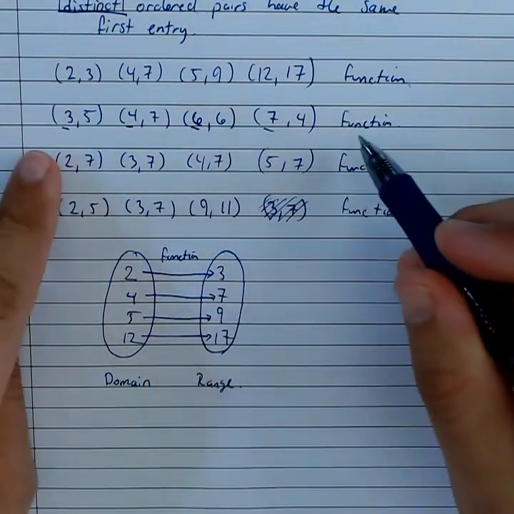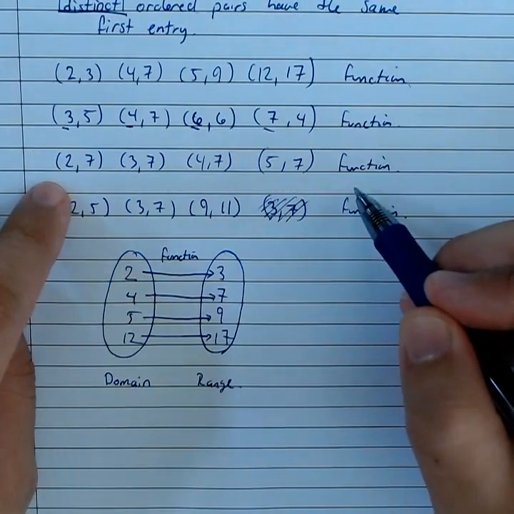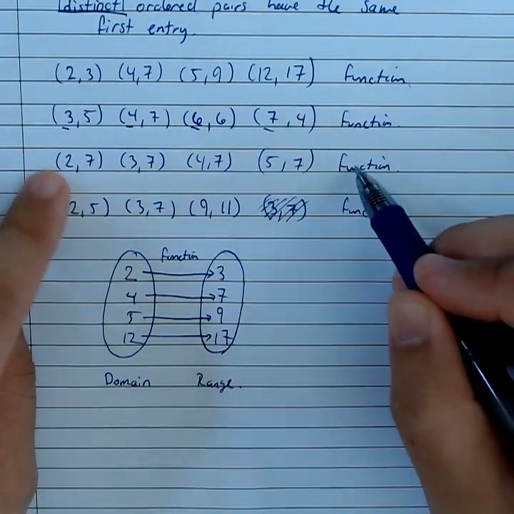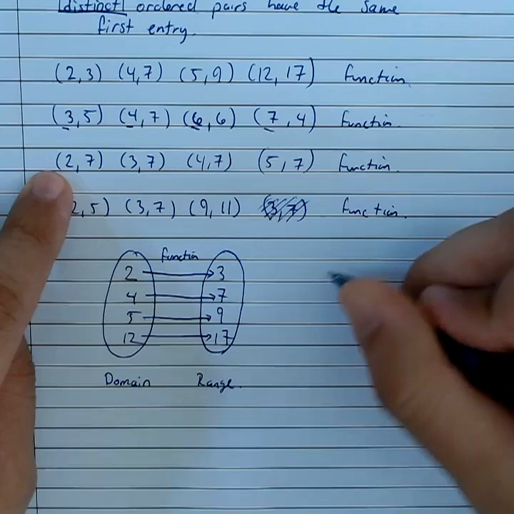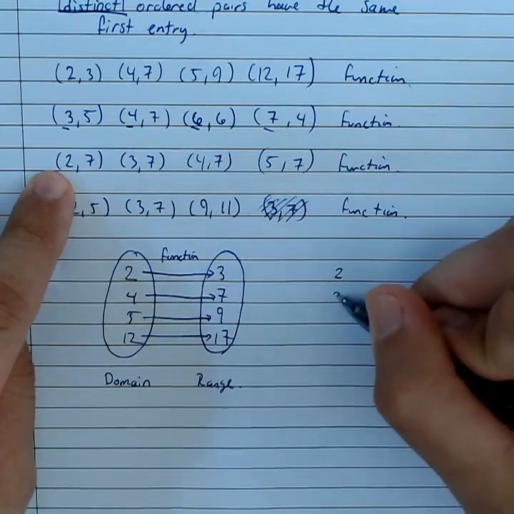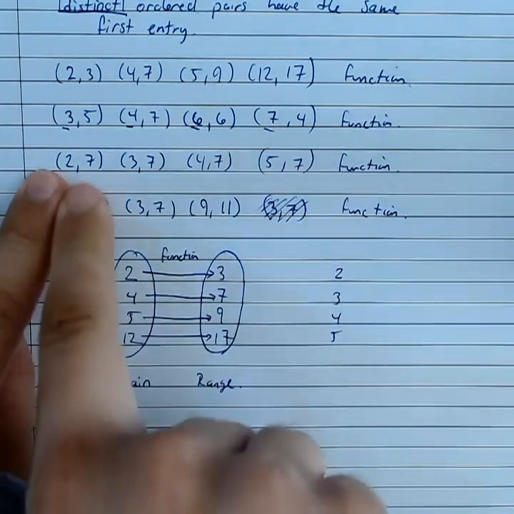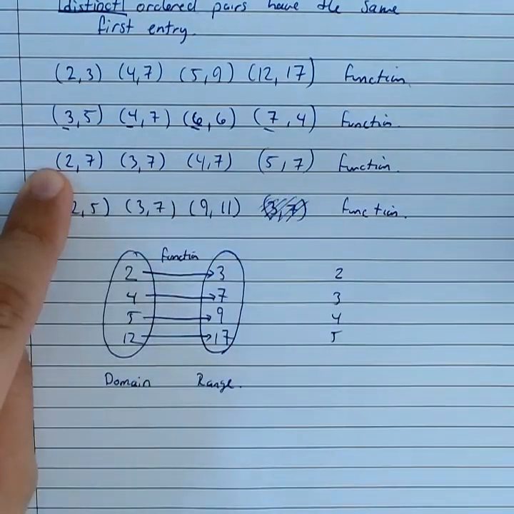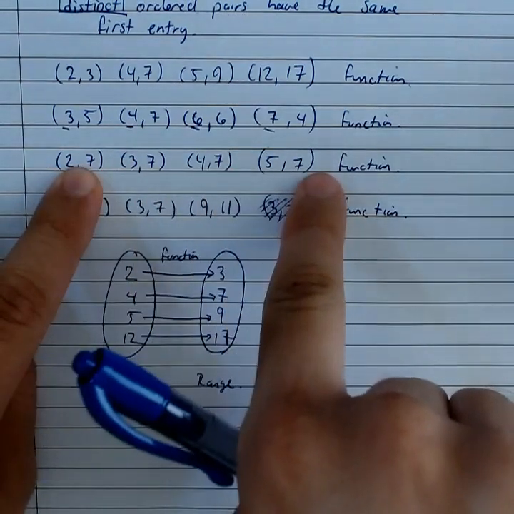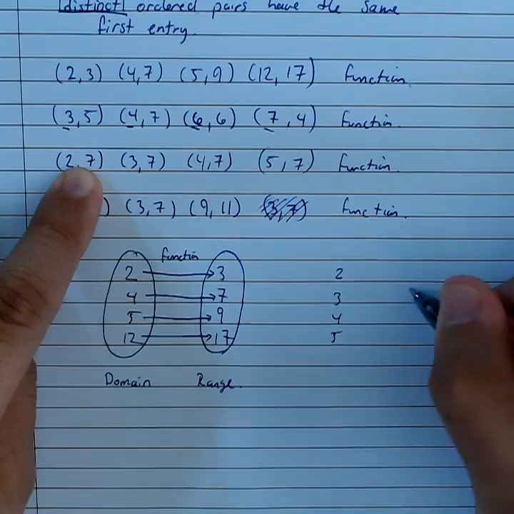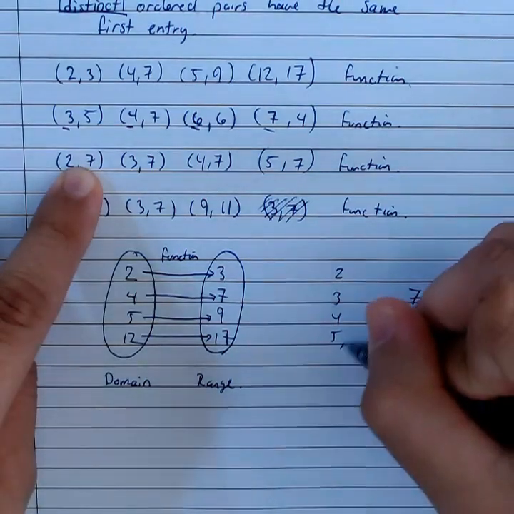Let's go ahead and draw another function here. Let me use this one right here. I'm going to say 2, 3, 4, and 5. Those are all the first entries of that function. The second entries of the function, notice they're always exactly the same. It's just the number 7. Okay, and that's fine.